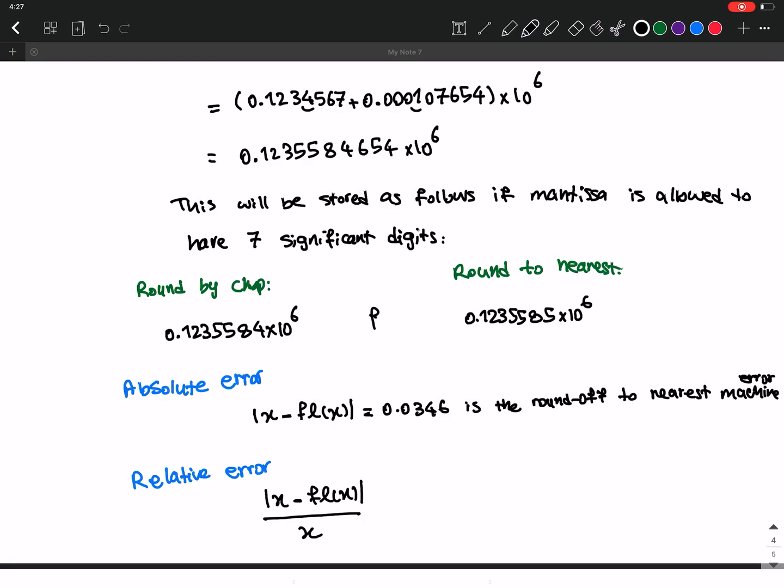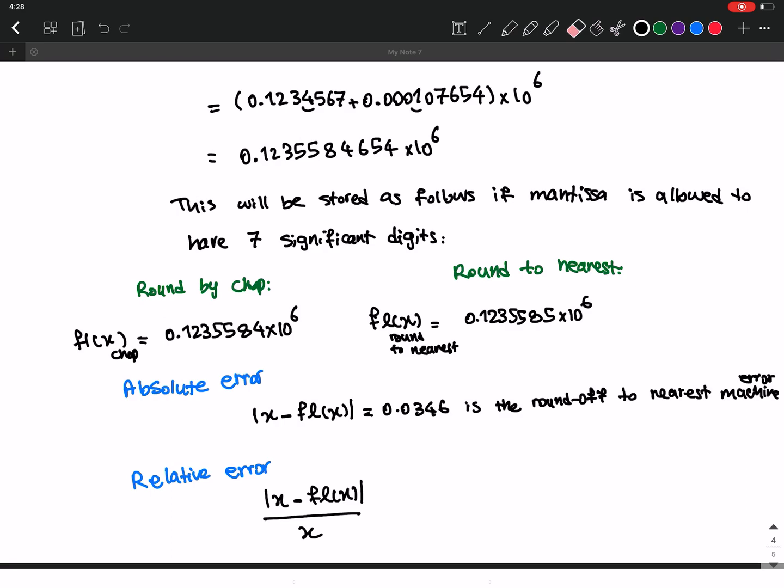So I'm gonna write it as floating x by round to nearest. And this is floating x by chopping, okay?